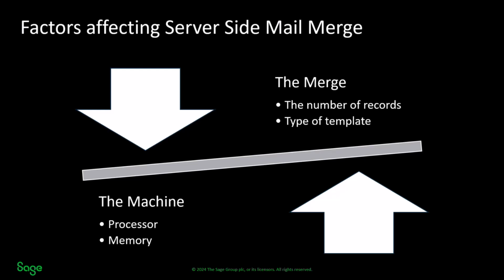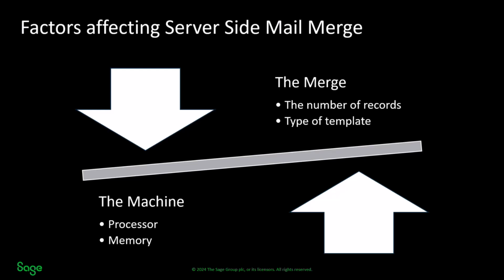If you're performing a mail merge to a long list of companies involved in a marketing campaign, the mail merge will clearly take longer than if you're merging to a small collection of companies or just a single record.